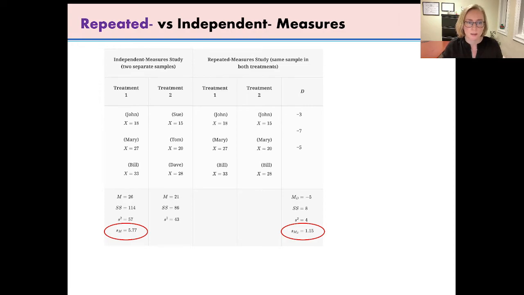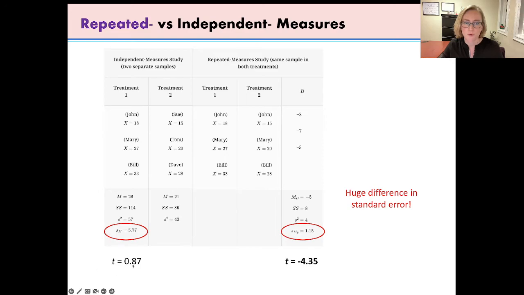If you look at the variance and the standard error, repeated measures is much smaller, which is great. We want our test statistic to have small variability, small standard error, because that makes a difference for the t-statistic.